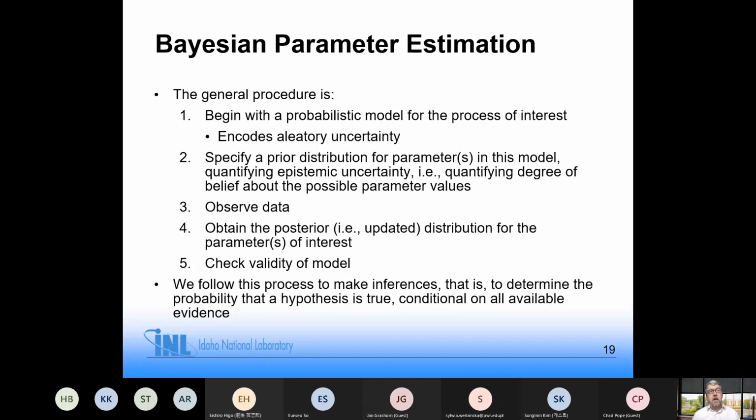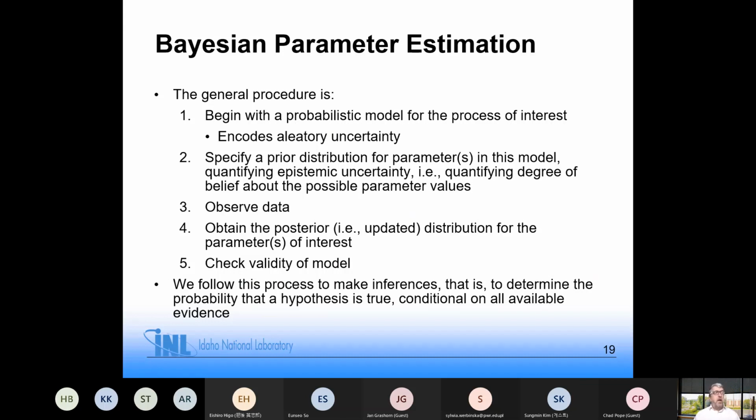Now, as you collect data, that state of knowledge will change. But we need those first three things. We need an aleatory model. We need a prior distribution on the parameters. We need data related to the aleatory model. We can then run Bayes' theorem once we have those three things. That's step 4. And then step 5 is check the validity of the model.